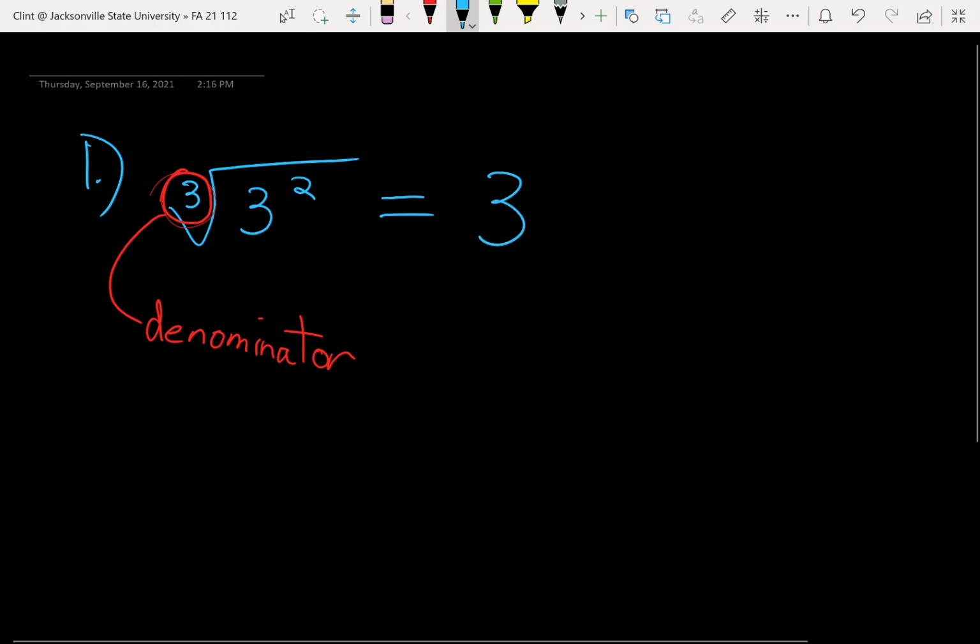The thing that's underneath the radical we just keep, but then it turns into a fraction with a denominator of 3. 2, 3.